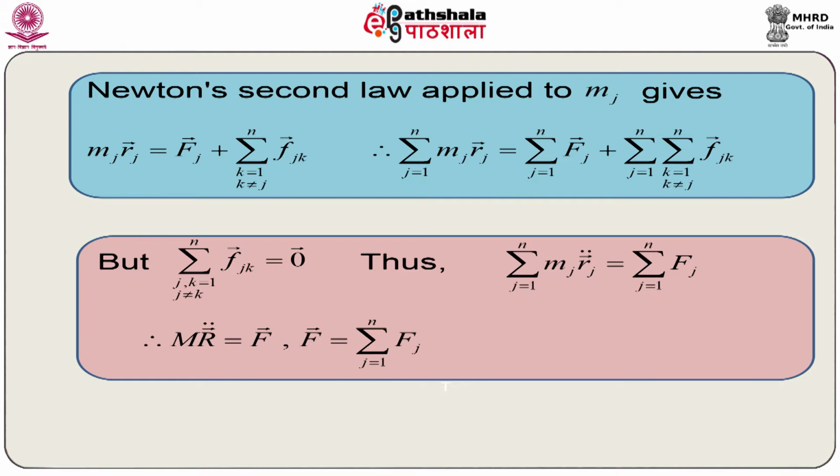For k equal to j, this will give 0, since action and reaction are equal and opposite. Summing up for j equal to 1, 2 up to n, we have this one, but we have already mentioned that this equals 0 by Newton's third law. Therefore, we get this result.